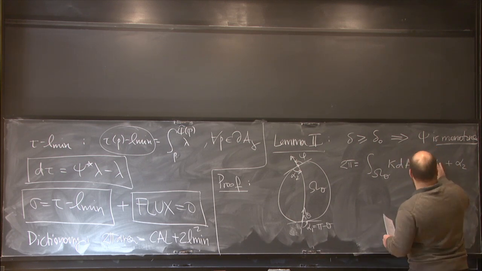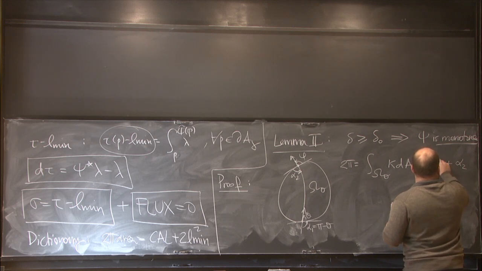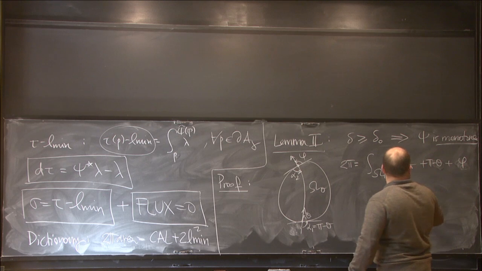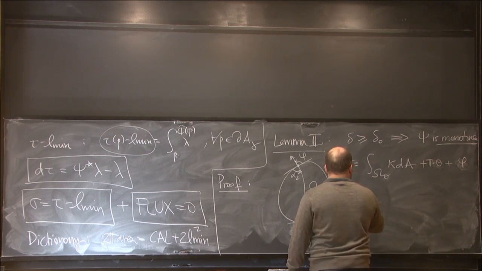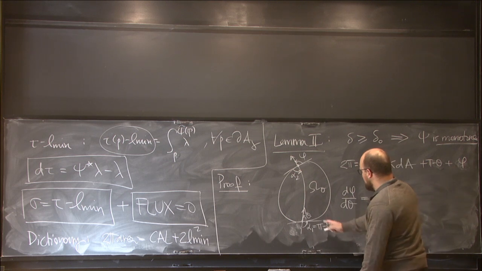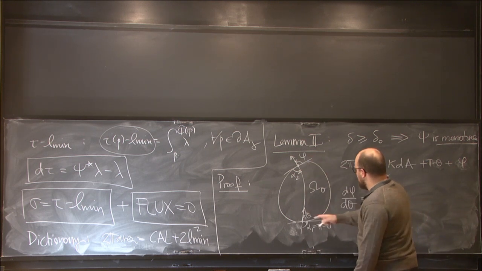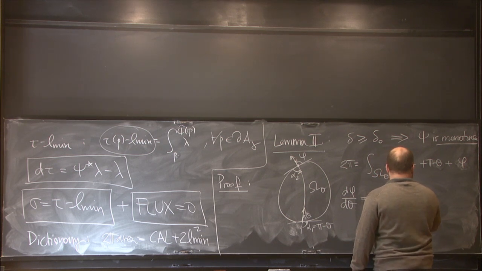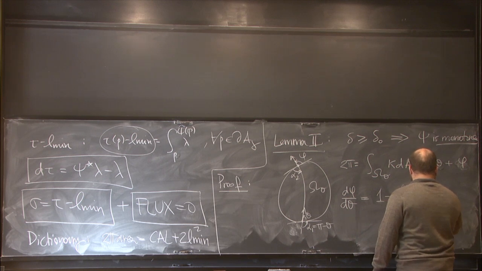And alpha 1 is pi minus theta, and alpha 2 is phi. So if you want to differentiate this angle with respect to that angle, you're going to get 1 minus this derivative.